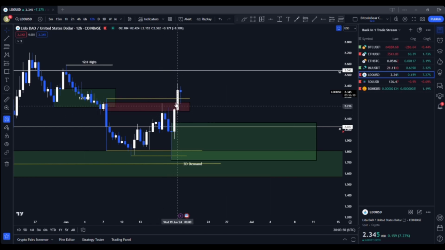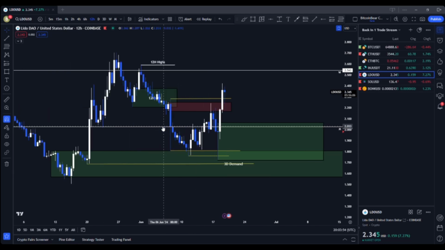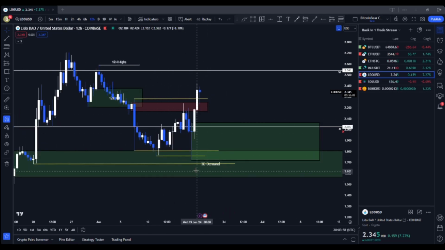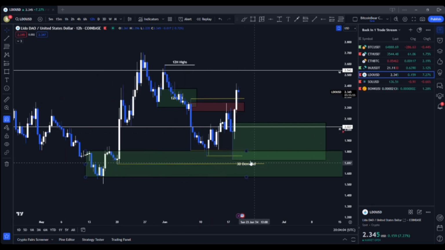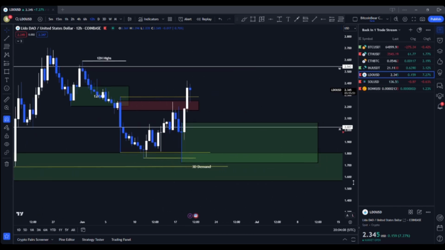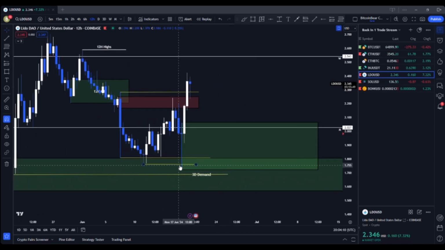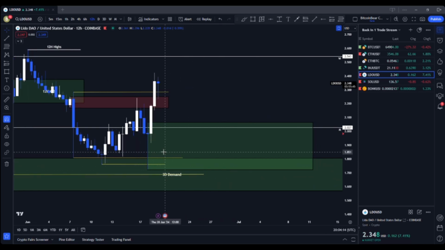What would make me buy would be a bullish market structure break, or if we sweep these lows. And little did you know, based on the video, a couple hours later, it swept these lows. And we mentioned that in this 3 day demand, if it goes back in here, I am buying until proven otherwise. And we got this swing failure pattern, came in here, didn't buy, happened so quickly.